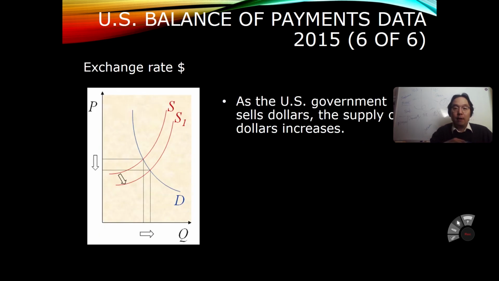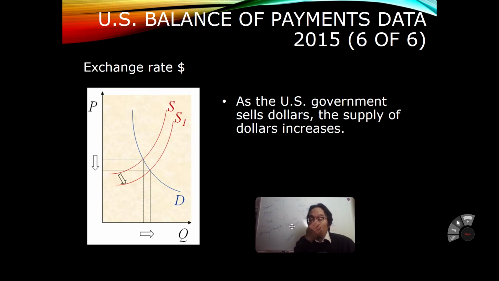right? Now, an interesting thing is that sometimes the U.S. government could massively intervene in the market so that they could sell U.S. dollars to make it cheap, for whatever reason it could be. Well, when could it be? When you want your export products to be more price competitive, right?